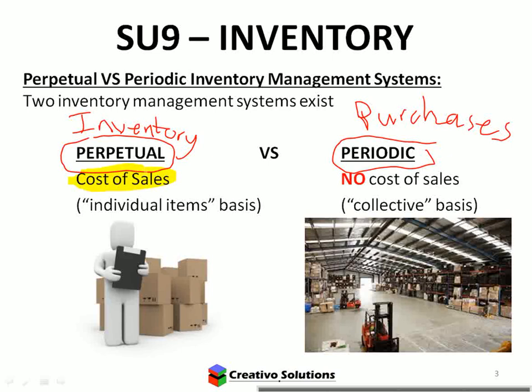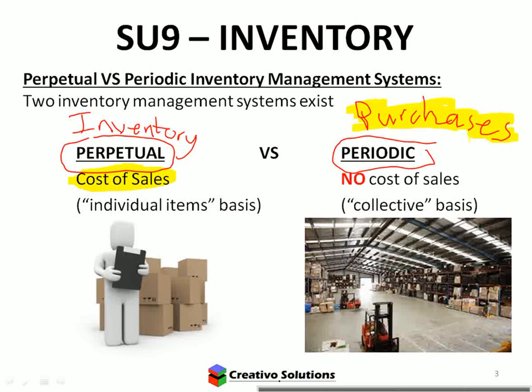If you see cost of sales, what system? Perpetual. If you don't see cost of sales, it's probably going to be periodic. If you see purchases, what system? Periodic. So those are the two key words I would be looking for: purchases or cost of sales.